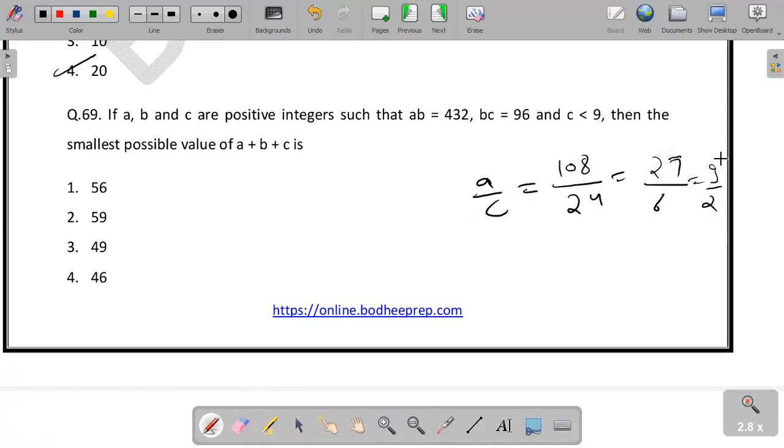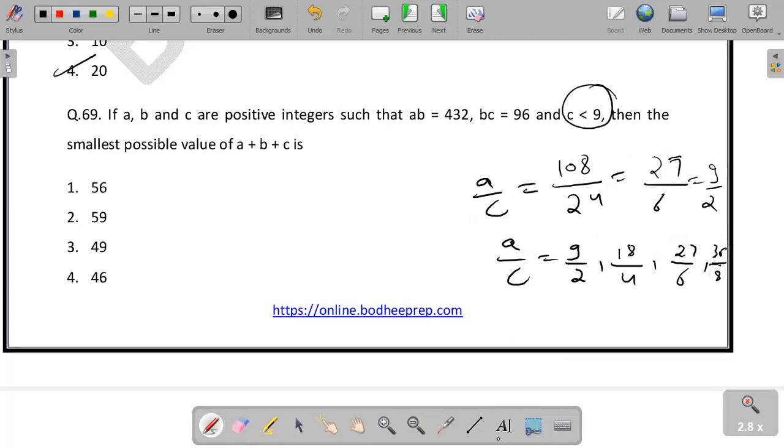Ultimately 9 by 2. Okay, so C can be 6, C can be 2. A by C 9 by 2 लिख सकता हूँ, and if I would say 18 and 4, 6 and 27, and finally 8 and 36.